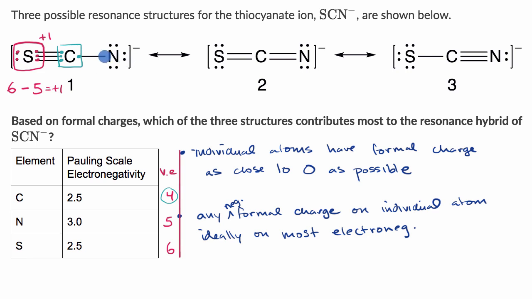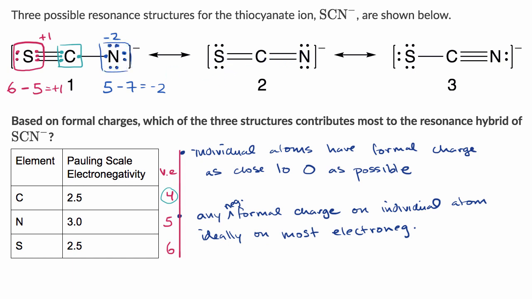And then for the nitrogen, we have 1, 2, 3, 4, 5, 6, 7 outer electrons hanging out. Neutral nitrogen would have 5 valence electrons, and we have 2 more than that. 5 minus 7 is -2. So since we have 2 more outer electrons hanging out than we would typically have for a neutral nitrogen, we have a -2 formal charge.